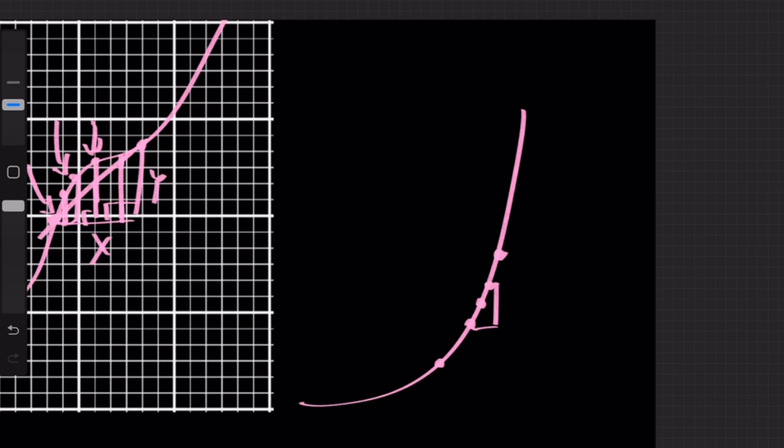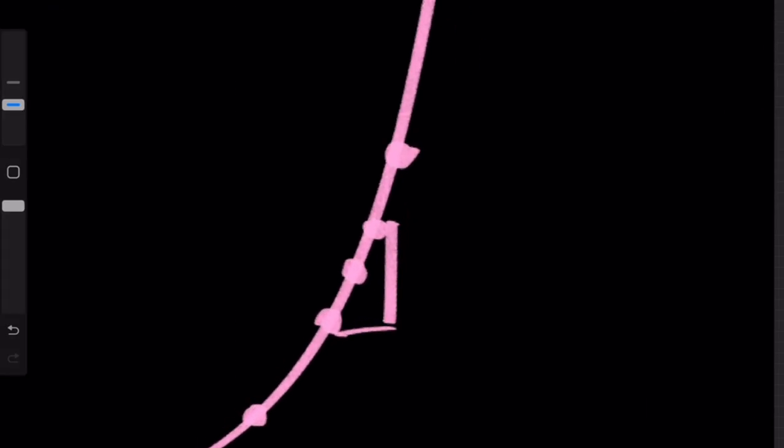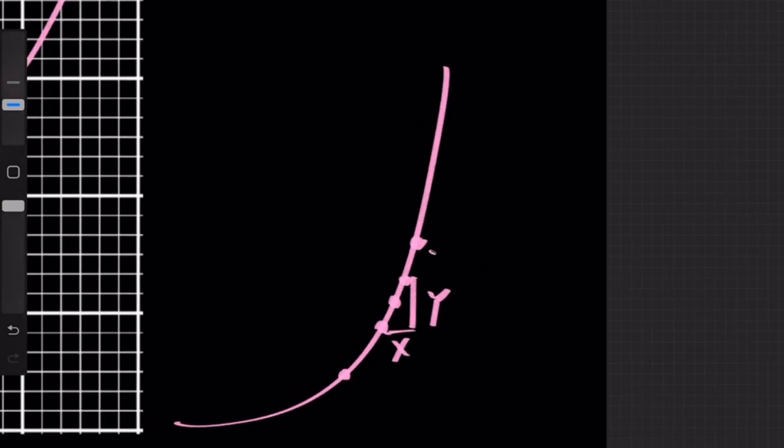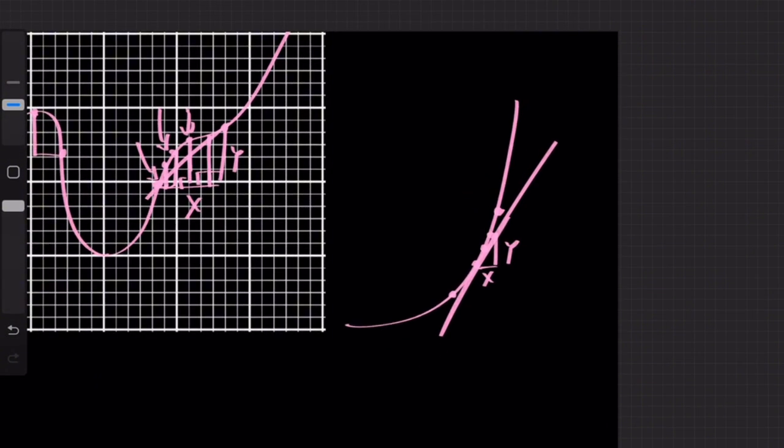Technically it's not possible to find the slope of that single point, because there has to be a y over x, and the changing x and changing y need to be a number. It can't be 0. But theoretically it's possible. In theory it's possible to find a slope at a single point. So the derivative is just that.